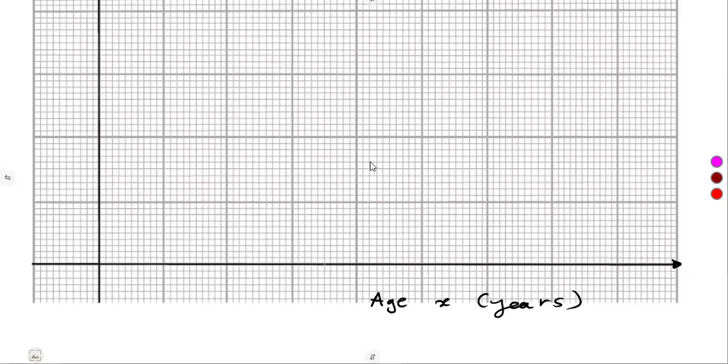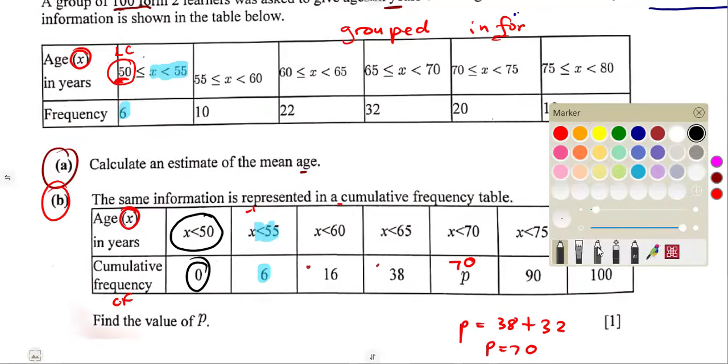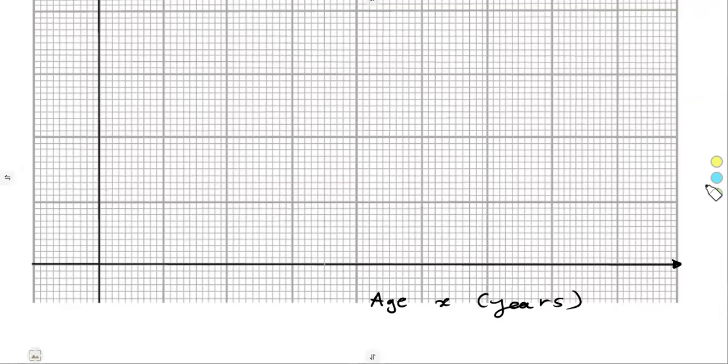But let's go back to the information now. This is the part that I was explaining before about the 50 here. They gave us the 50 corresponding to the 0, so that when we present our graph, it is going to start from the ground.